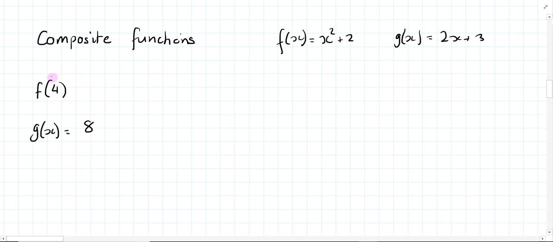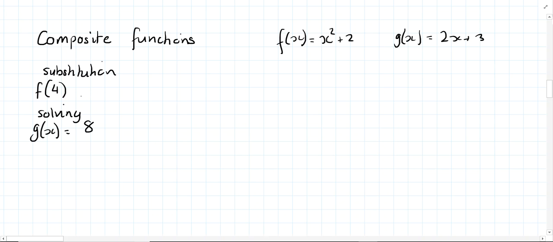So when I'm doing that, what am I doing? Substituting. So this one, I'd be saying, well, I want to know what f of 4 is.